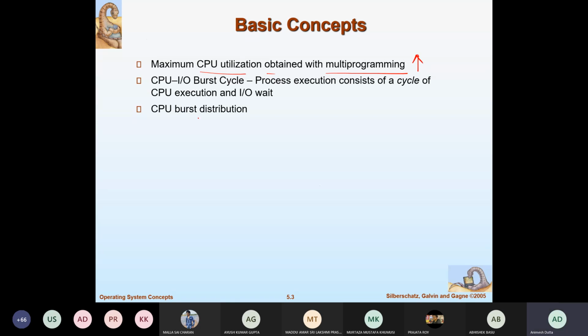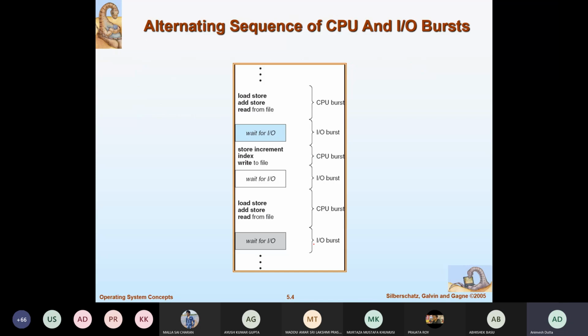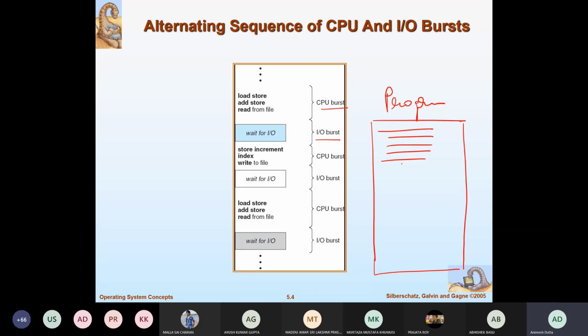Second, if you see the execution pattern of a process, it is composed of CPU burst and IO burst. What is that burst? Suppose you have written a program. That program is composed of a number of instructions.